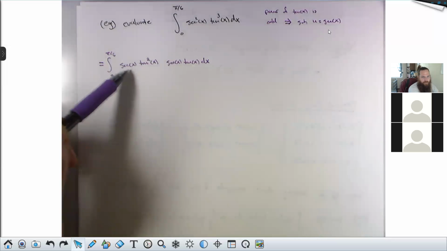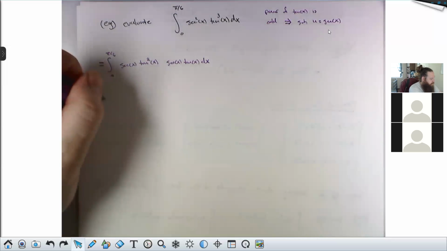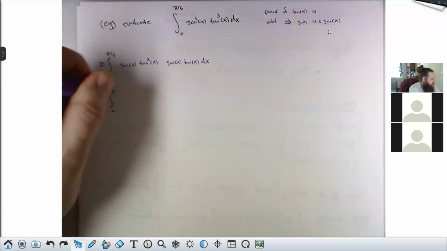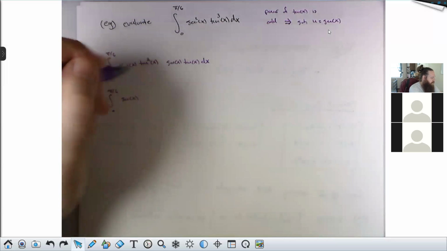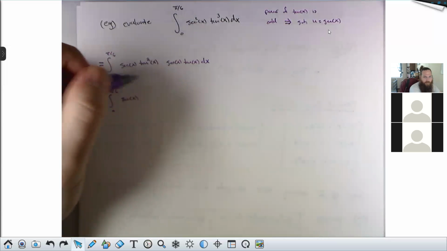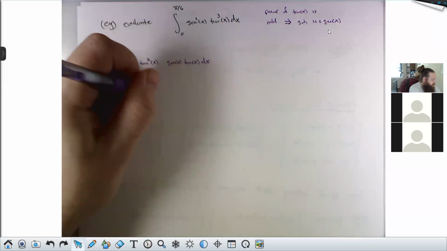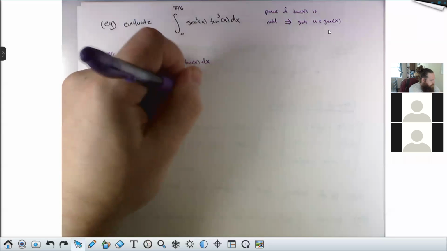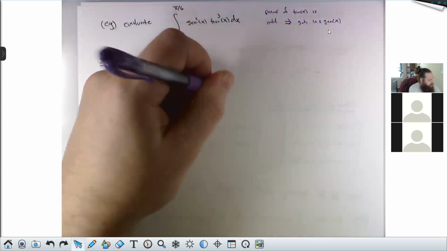This piece is good. This piece is not. So before I can actually make that substitution, this says secant x and then tangent squared. Well, I know that identity, tan squared plus 1 equals secant squared. So tangent squared is secant squared x minus 1. And then we still have here our secant x tangent x dx.